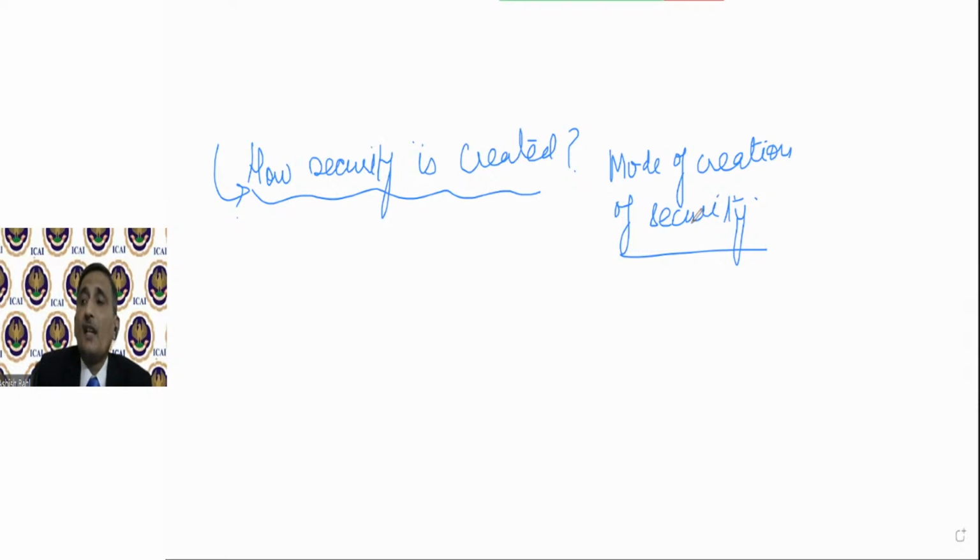Now Sharan Krishnan, again you are getting confused. You are asking how machinery is a primary security. Why is machinery not a primary security? I am purchasing a machine for my company. My company is purchasing a machine by getting a term loan from the bank. The term loan has been provided by the bank for purchase of machinery.